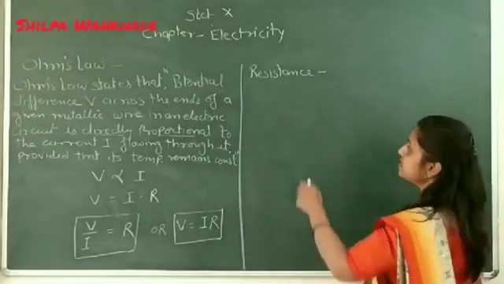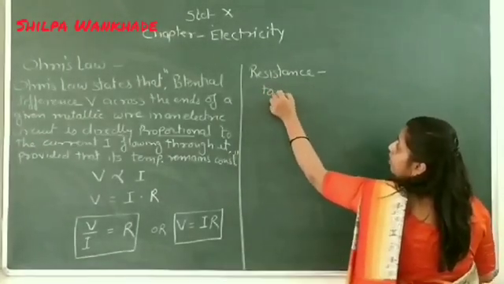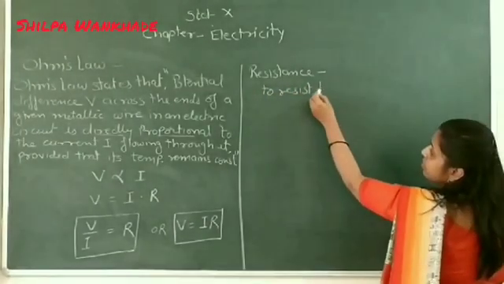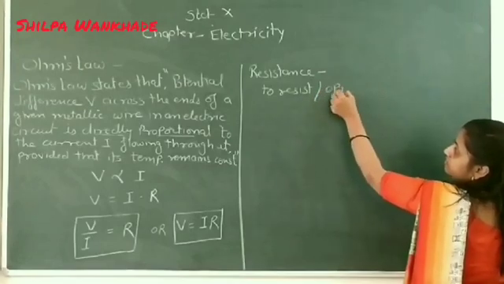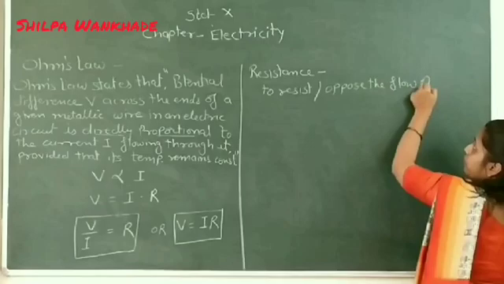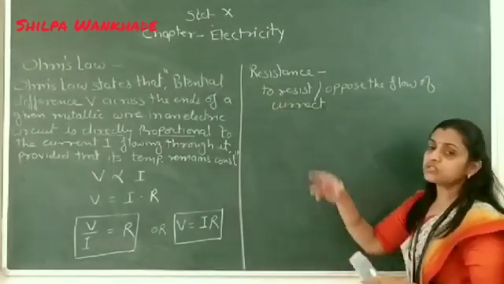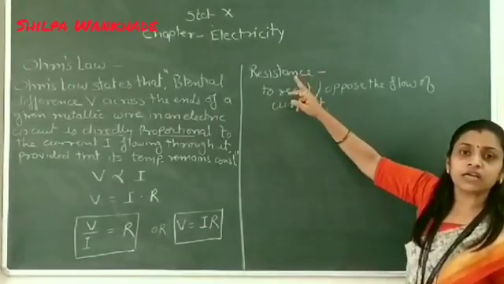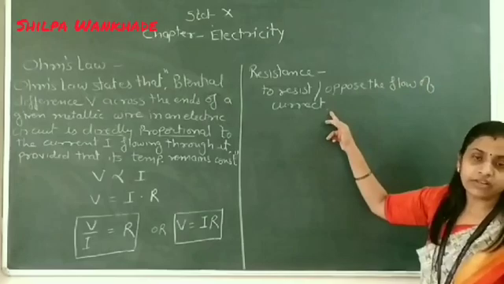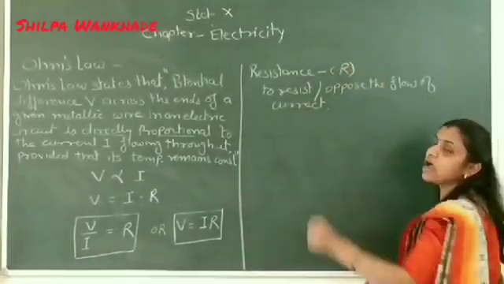This resistance is nothing but the property of a conductor to resist or oppose the flow of electric current. This resistance is always denoted by capital R.